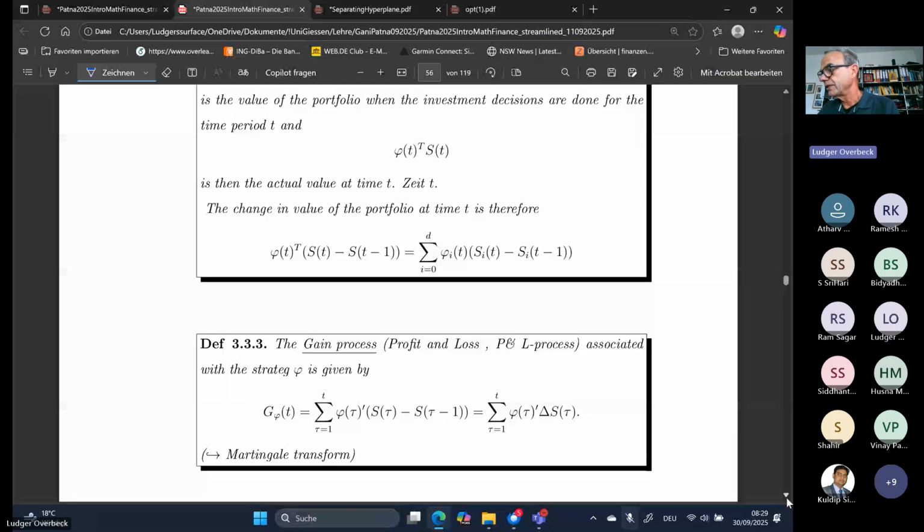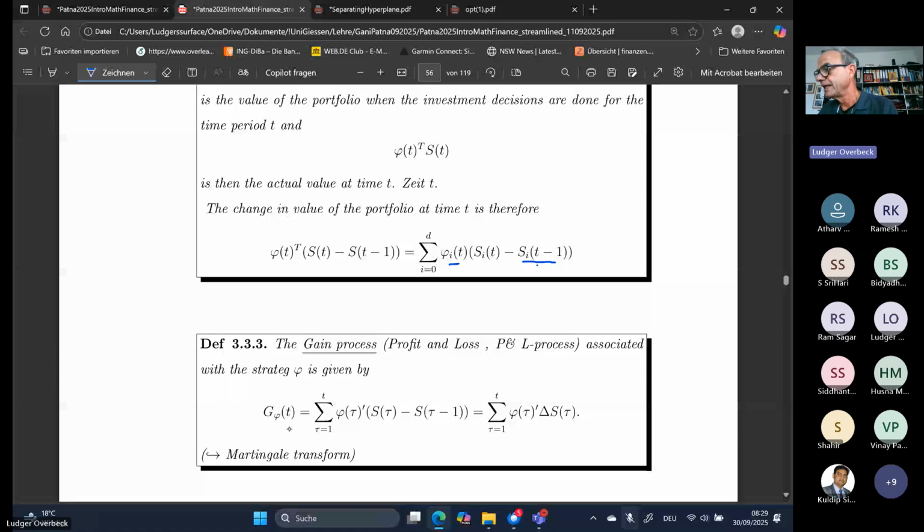So your profit and loss from day 2 to day 3, you decided on day 2 this was your cost. This was the portfolio right after the decision, the value when you bought it, if you like, and this is when you sell it. But buying and selling is just reevaluation. And so that's then the gain process.